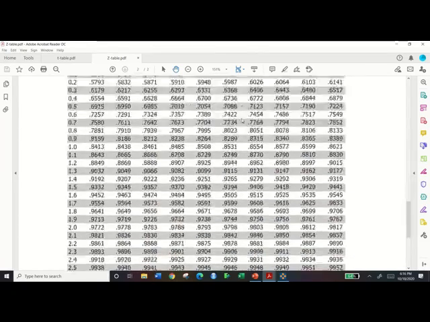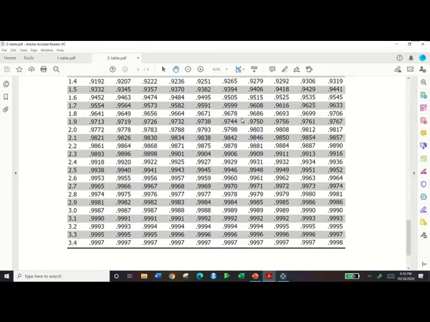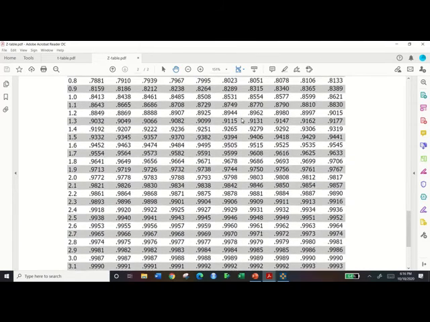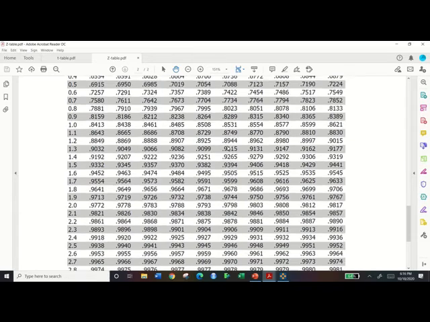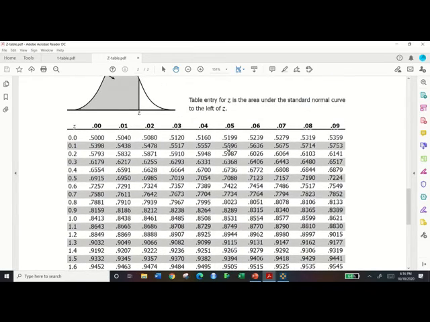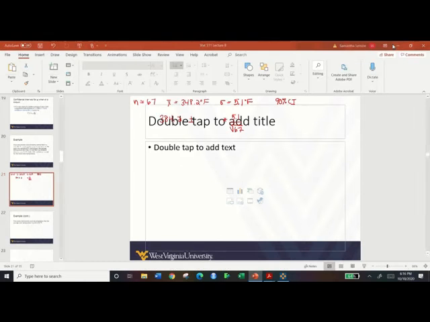Again, if we wanted to do it the opposite way, we wanted to get as close to 0.95 as possible, and that would be right here. We have 0.9495 and 0.9505. And once again, this would just give us 1.6 and exactly halfway between 0.04 and 0.05. Either way you prefer to do that, that is perfectly fine.